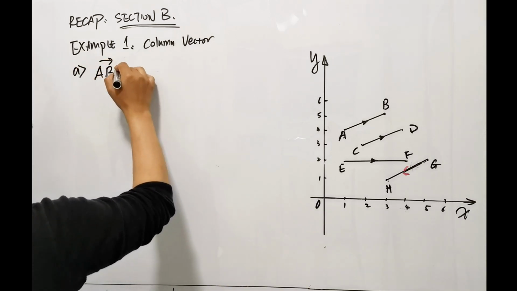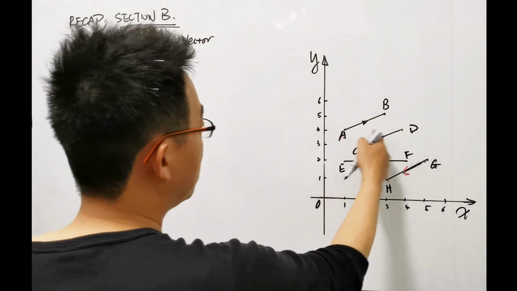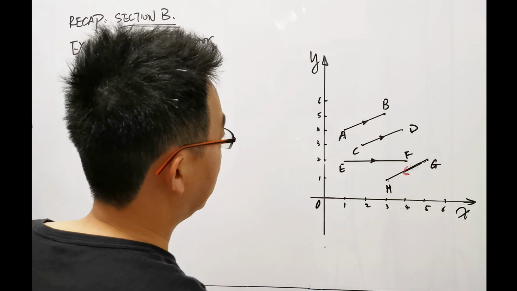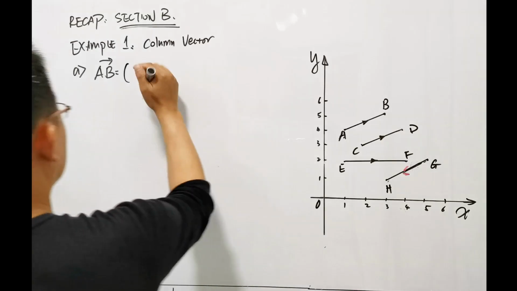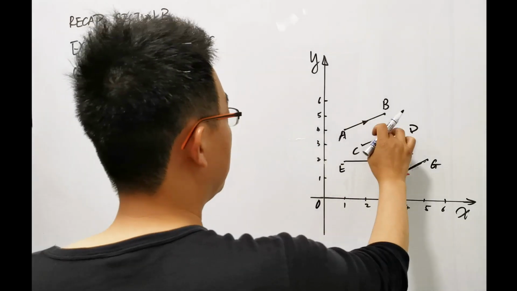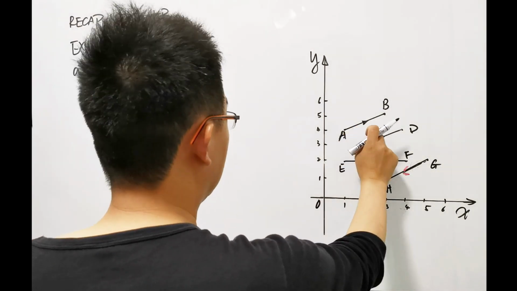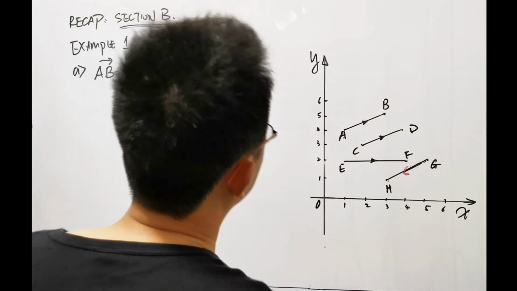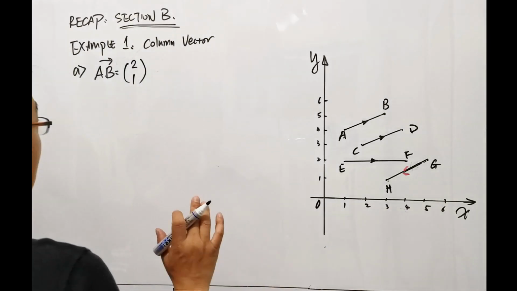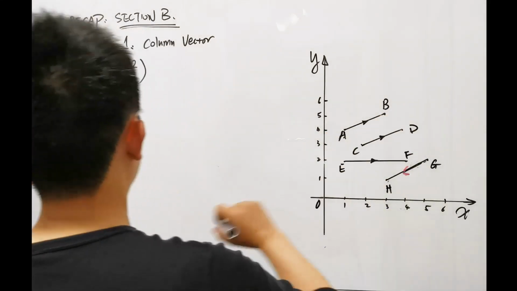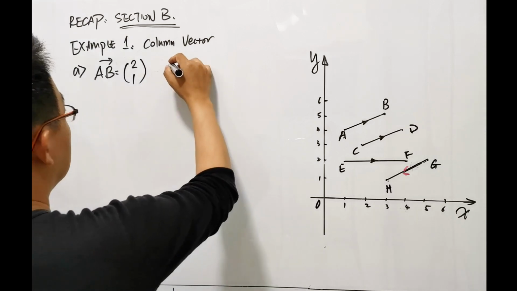AB equals the column vector: A moves to B is a displacement of 2 horizontally, and then moving up is 1. Okay, so this is one of the ways. So that's one of the methods to calculate the column vector from A to B. There is another way we're going to discuss in the next class, but I can just share it with you first.